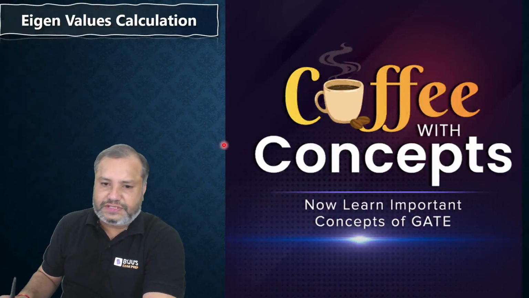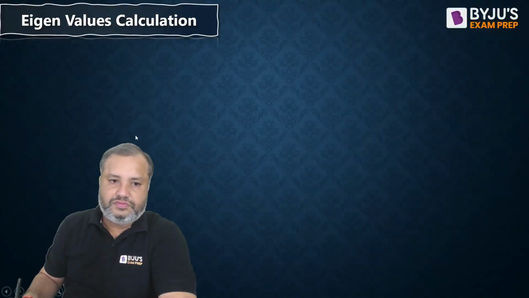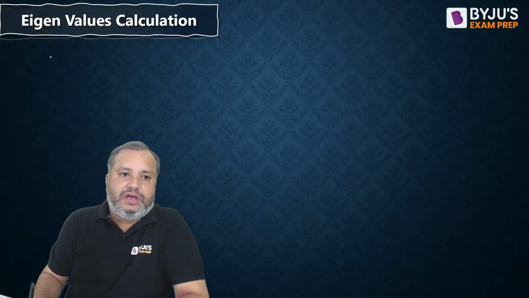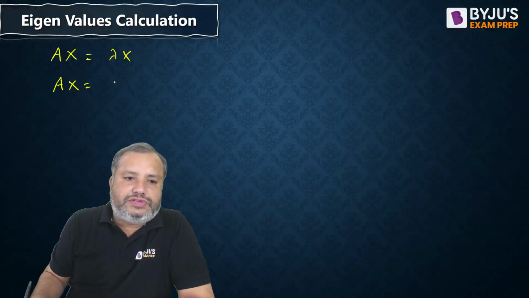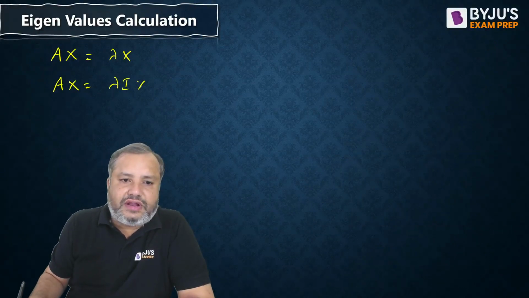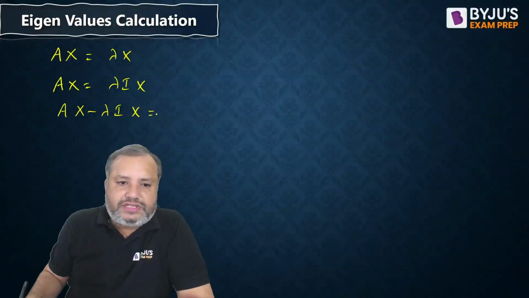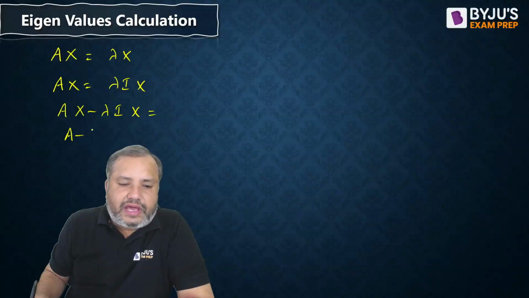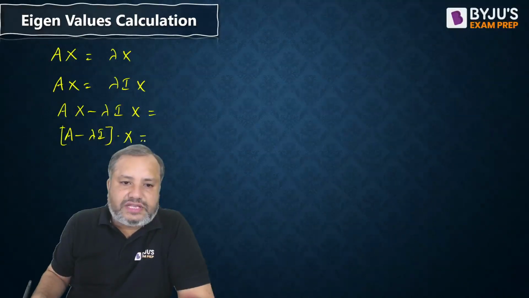So students, if you just go through this point, you have already gone through this equation Ax equal to lambda x, and if I introduce a unit matrix here and bring all the terms on the left hand side, you will get Ax minus lambda Ix. So students, if you further take capital X common, in that case you will be getting this expression.